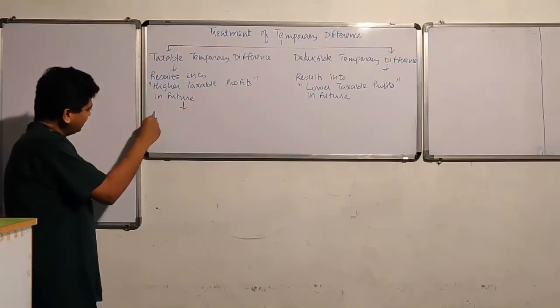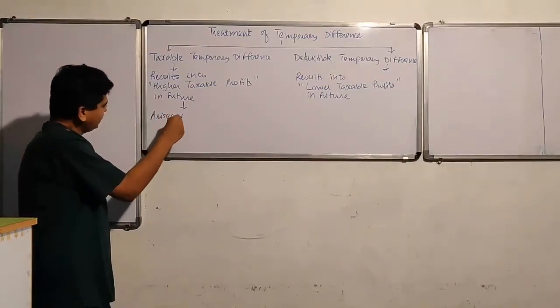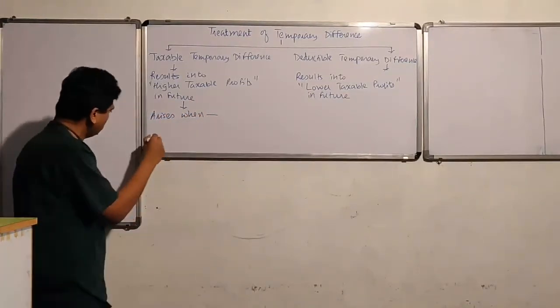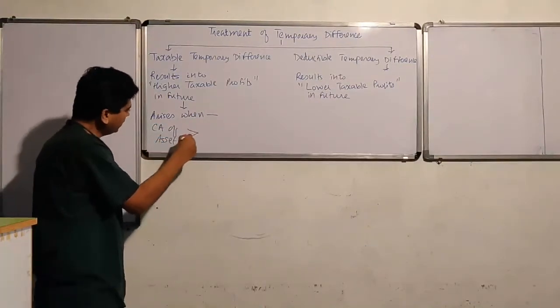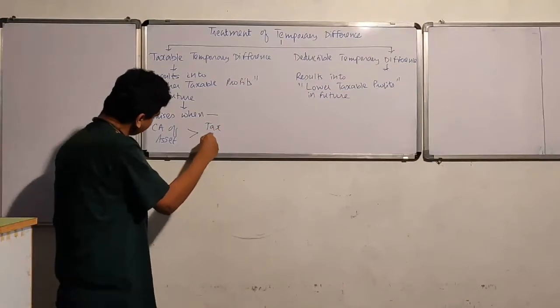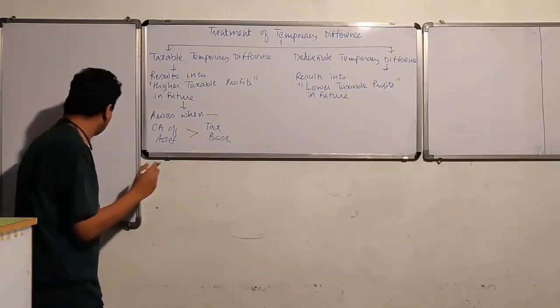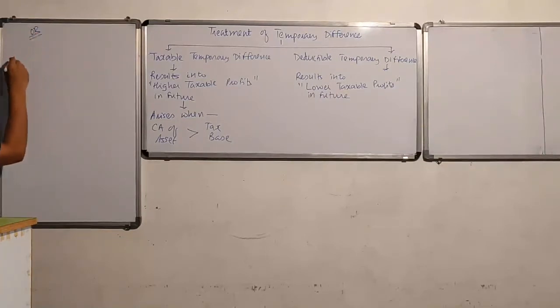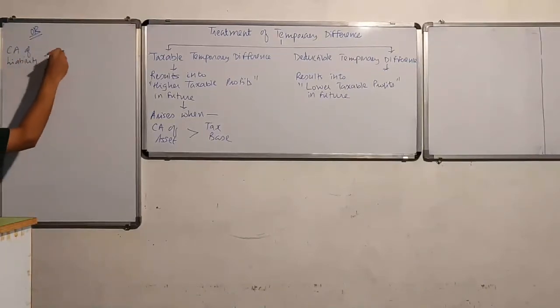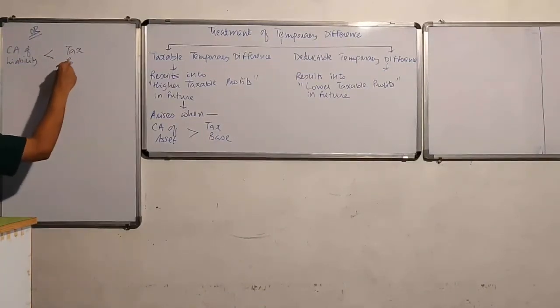Okay, when does it arise? So, we say it arises when carrying amount of asset is higher than the tax base. I'm writing on the other side. Or carrying amount of liability is lower than the tax base.